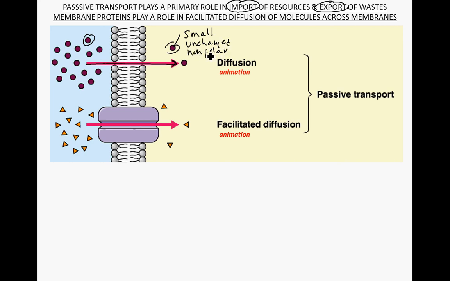Pretty much the examples we see most often in biology would be things like CO2 and oxygen gas. These are really the only two things that you would be considering going across the membranes relatively easily.